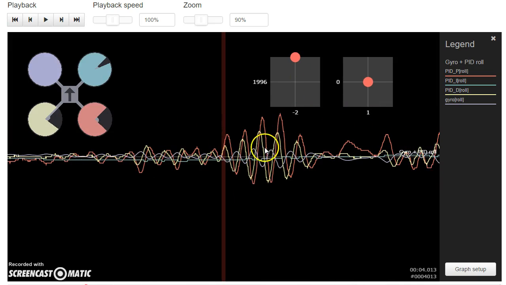This seems like a good indication that you may have excess P gain on roll, because notice that this oscillation starts small and then accelerates, gets bigger, and then decays as the throttle is dropped. That's very typical of a P-term oscillation.